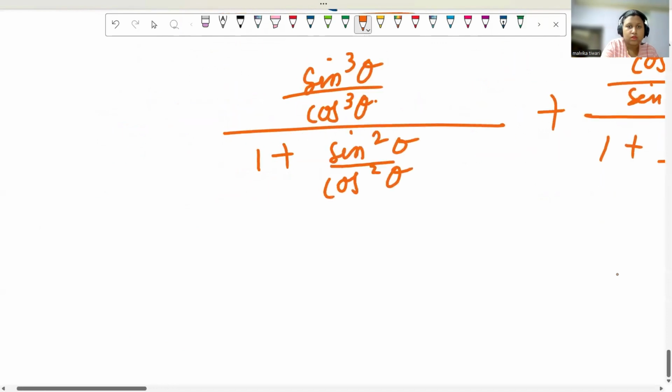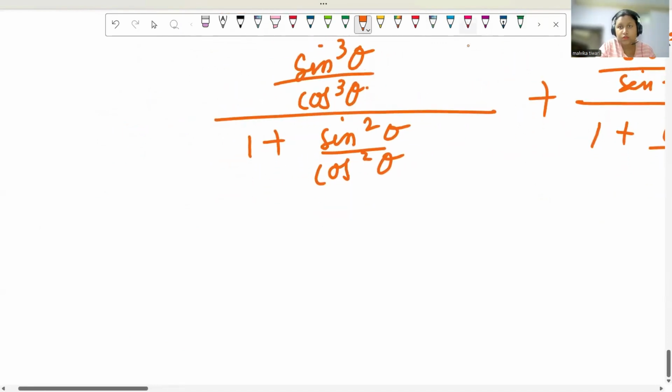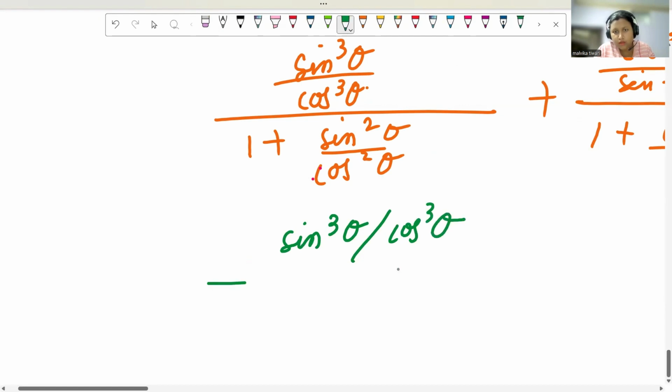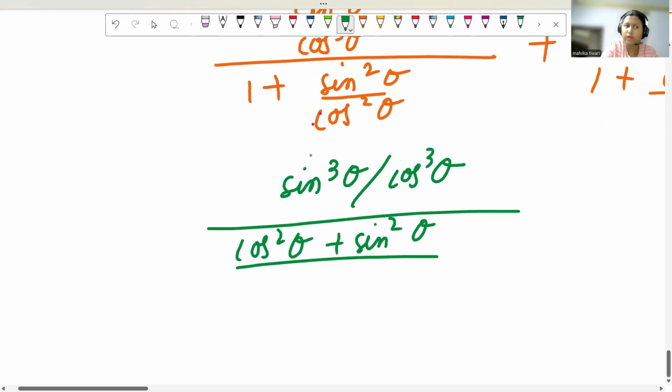Now, if we just look at this one, we have to make the denominator the same. So we solve this, we get, let me first write the numerator. So sin cube theta by cos cube theta divided by (cos square theta plus sin square theta) divided by cos square theta.